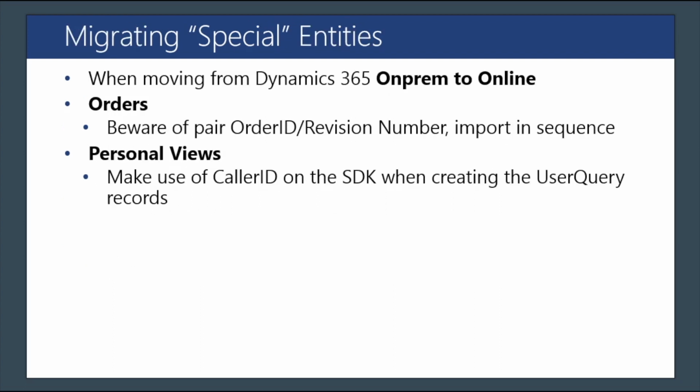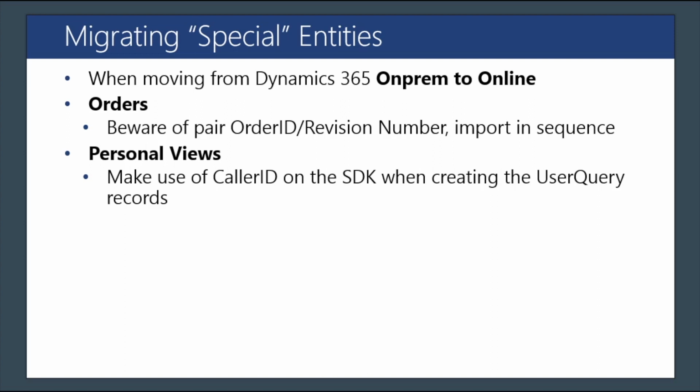And then special entities. If we're zooming out from fields to entities, when we're migrating from on-premises to online, as an example, if you have multiple orders or revision numbers of the same order, be aware that you would need to import them in sequence.